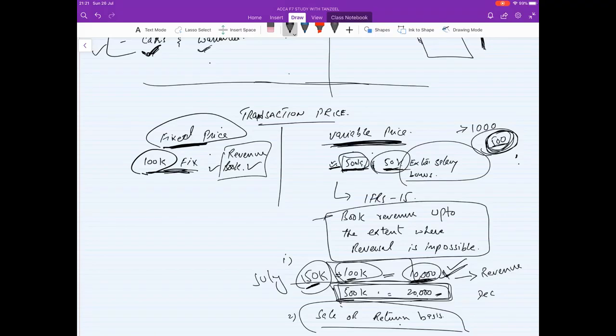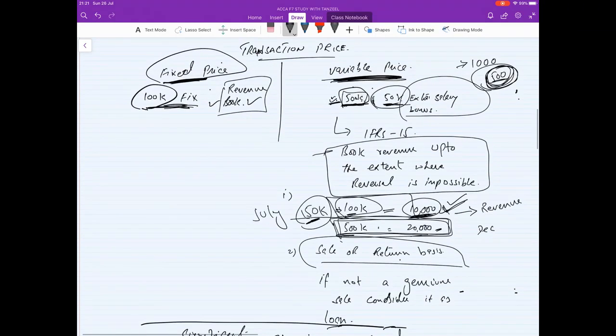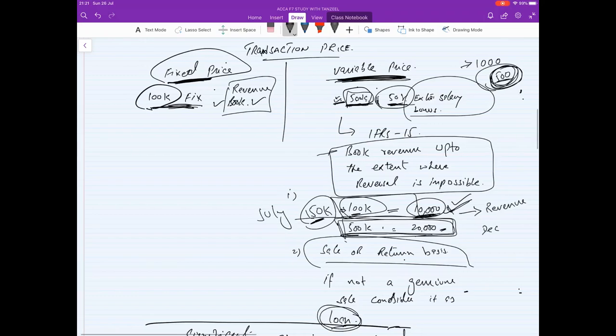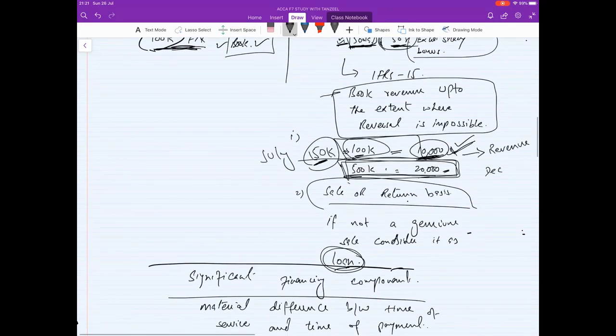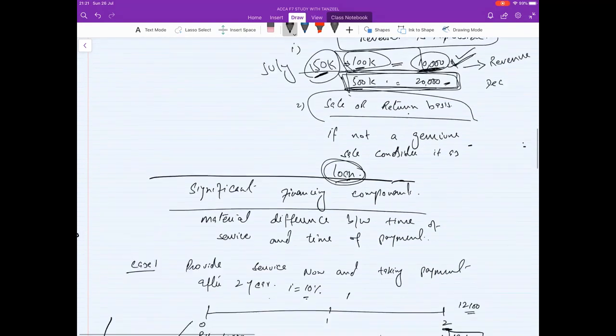So technically it's not a genuine sale. We will consider this as a loan. You are just giving me a phone and taking 1000 from me, and after 6 months you will get your phone back. So technically it's not a sale, it's a loan.